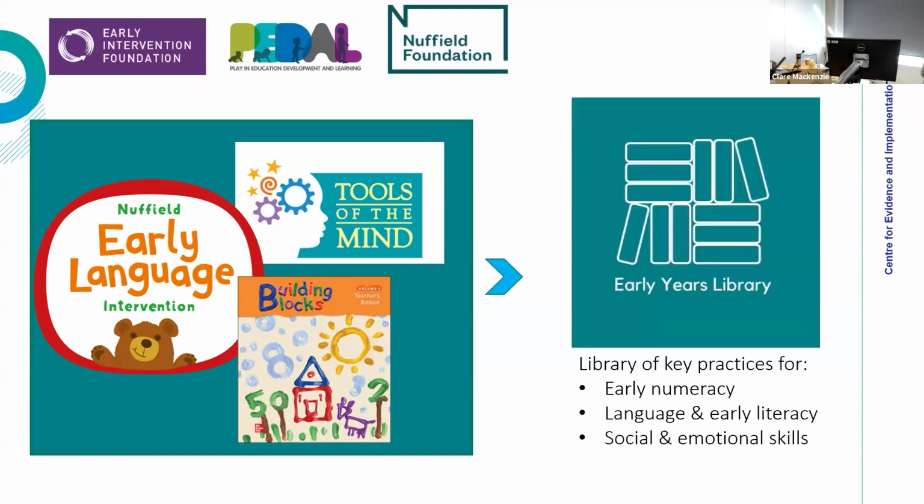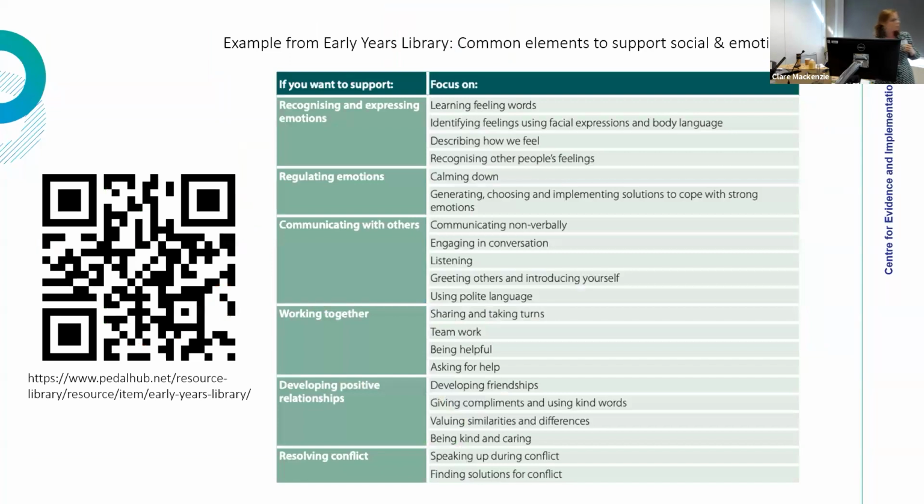And what that gave rise to in our previous project was this early years library. It's organized around three domains where we had a substantial evidence base: early language and literacy, early numeracy, and social and emotional skills, which, if you scan that QR code, you can go to.